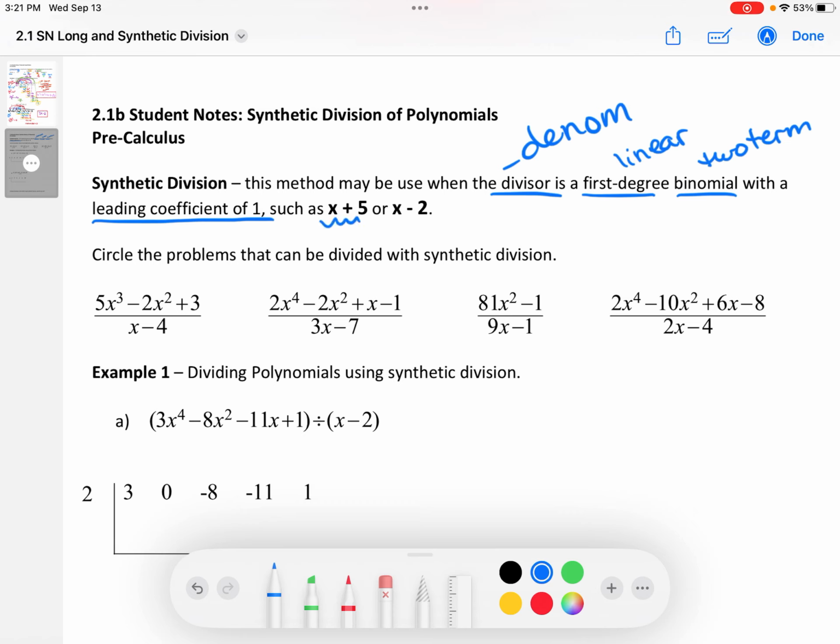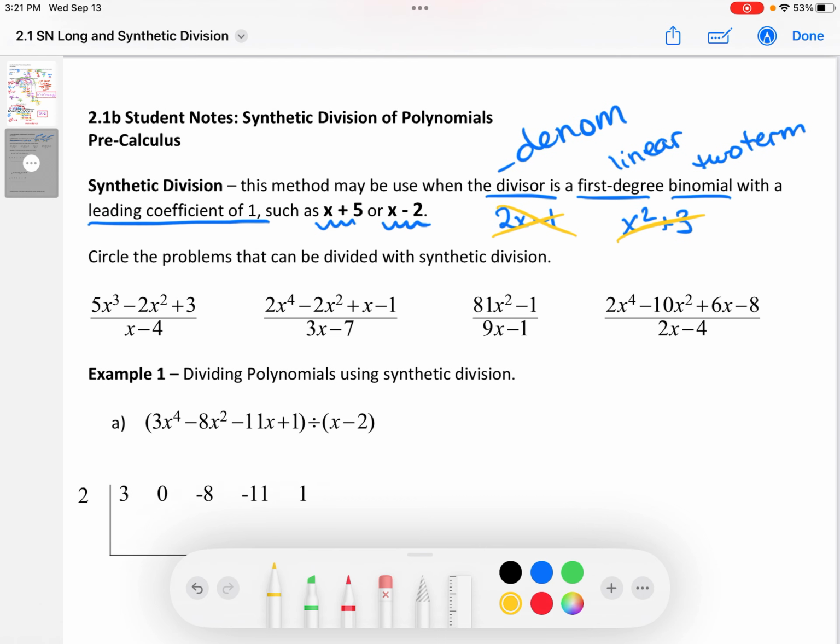So x plus 5 or x minus 2 are good divisors for synthetic division. Something like 2x minus 1 would not work because that coefficient was not 1. Something like x squared plus 3 does not work because it's not a first degree.